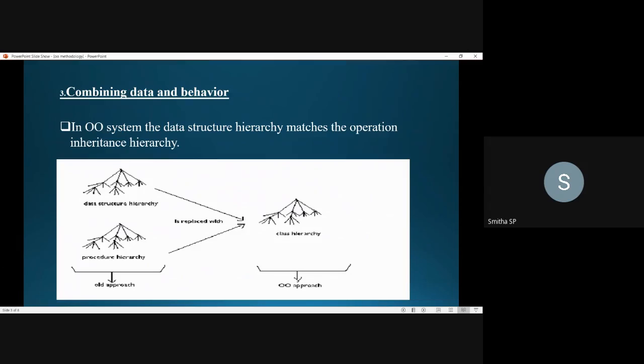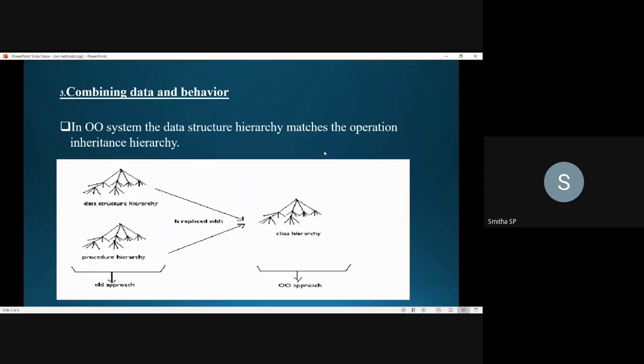Here you can see the data structure hierarchy and procedure hierarchy are combined together to form a class hierarchy. That is, a data structure hierarchy and procedure hierarchy is replaced with the class hierarchy. So this is what combining data and behavior means.